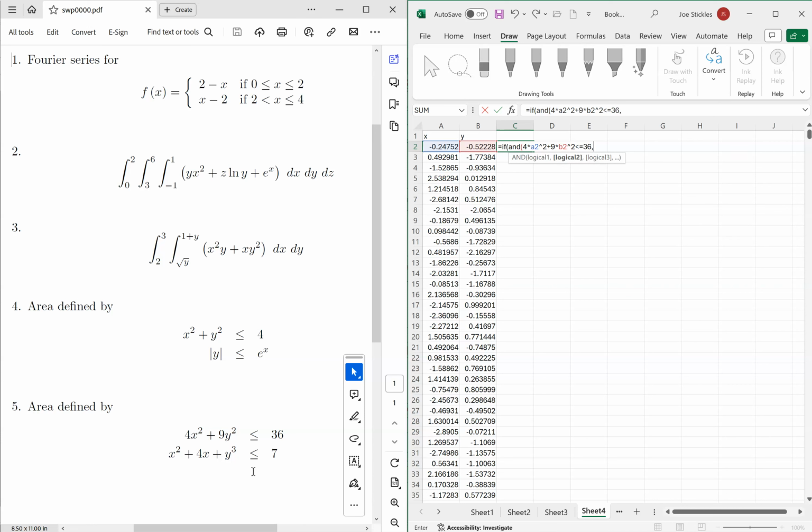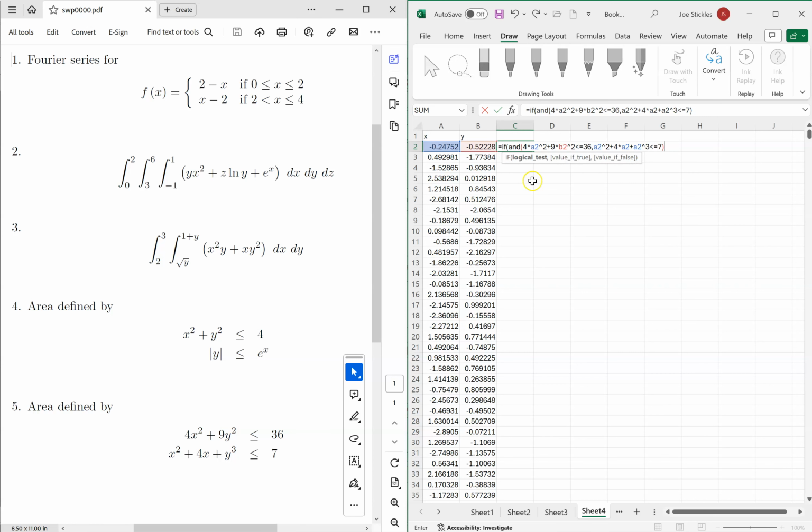And we want to make sure that a2 squared plus 4 times a2 plus b2 cubed, not b1, I did that in the previous one, is less than or equal to 7.